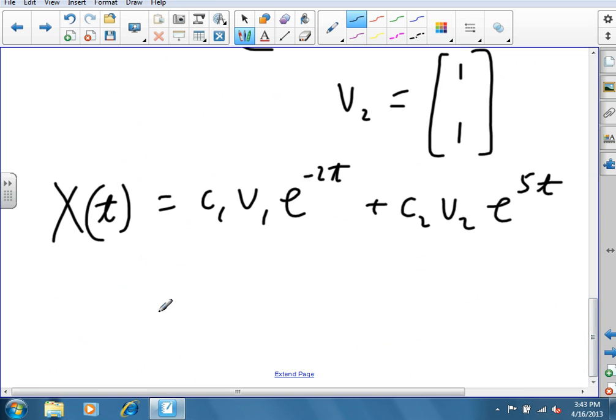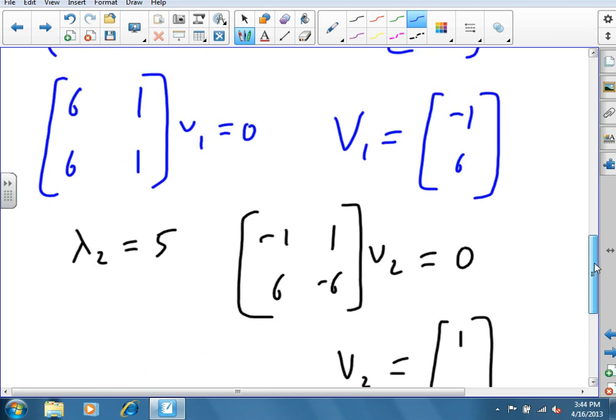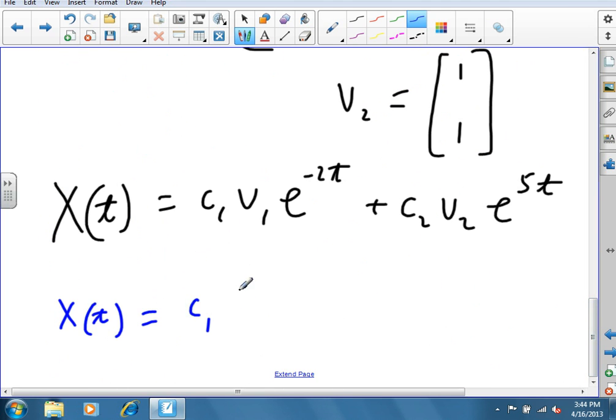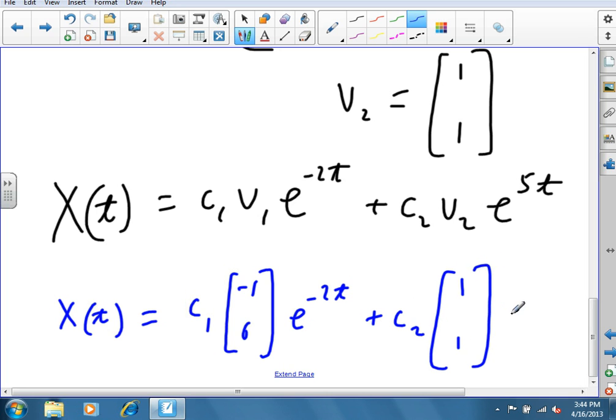Okay, and now I have to check my work. So I'll rewrite that. X of t is c1, and v1 was minus 1, 6, e to the minus 2t plus c2, 1, 1, e to the 5t.